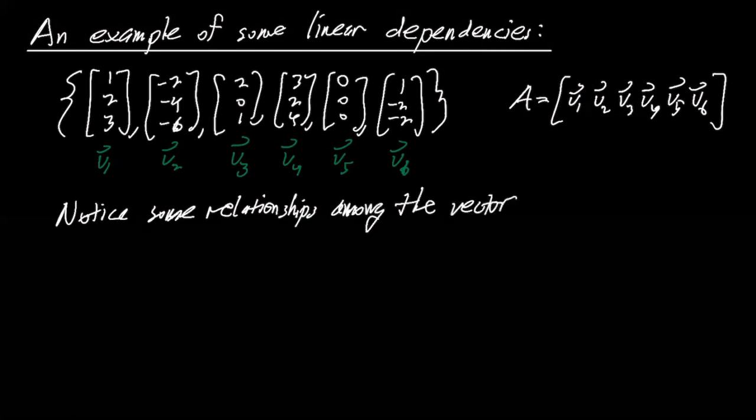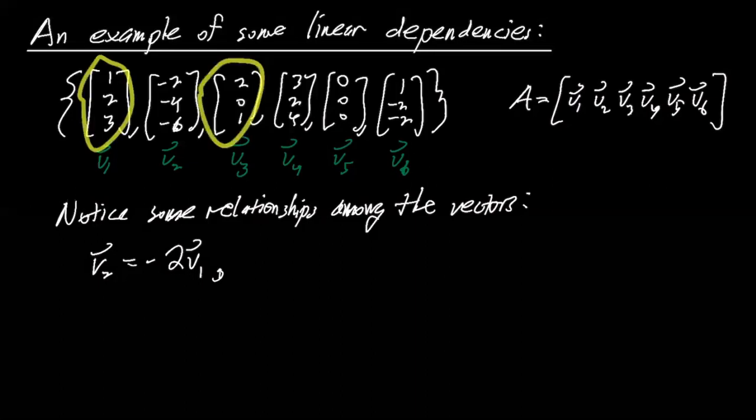First, one that jumps out immediately is that v2 is -2v1. That's a relationship. In the video where I used this matrix A, I actually said some of these relationships. Here's another thing to notice. If you add v1 and v3, you get v4. So v4 is v1 plus v3.